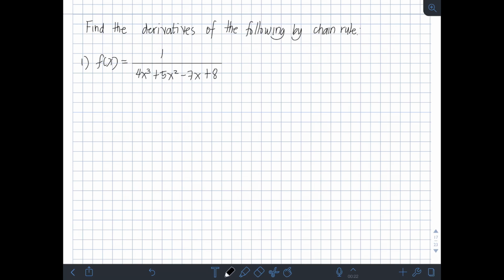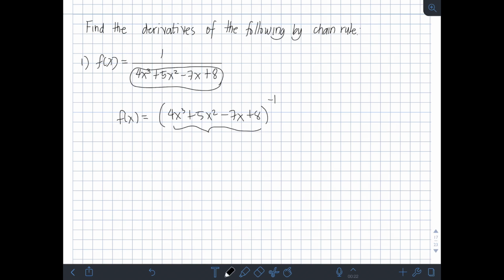So we have f of x is equal to 1 over 4x cubed plus 5x squared minus 7x plus 8. So you notice that in the denominator is this polynomial. So we can rewrite this as 4x cubed plus 5x squared minus 7x plus 8 raised to negative 1. Okay, so you notice that the polynomial itself, which is a function of x, is raised to an exponent.